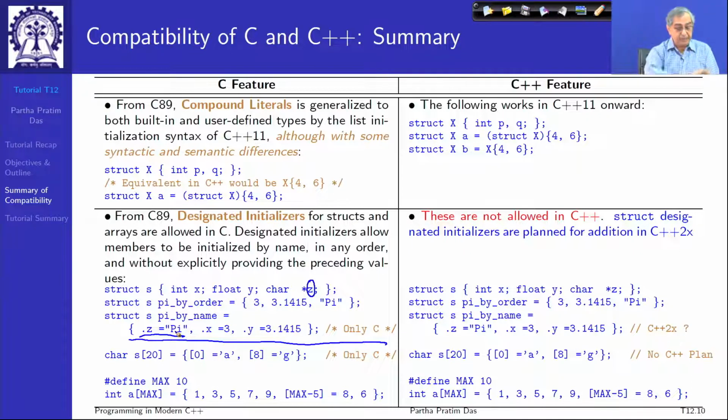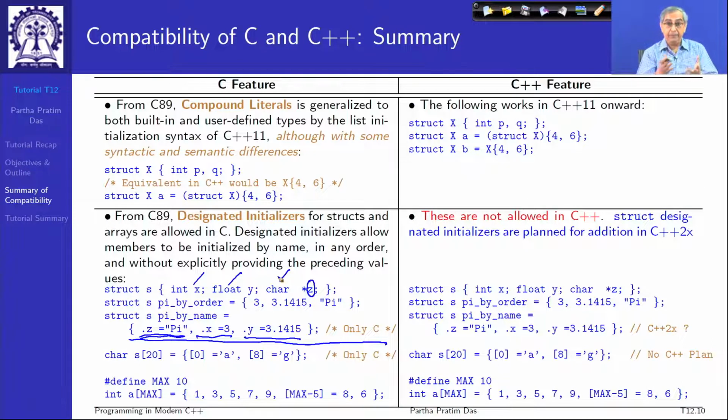Normally we would write a dot z or a dot y, but that is not there. So, you just write dot z initialized with this value, dot x initialized with this value, dot y initialized with this value. This is allowed in C and they do not need to be in the same order as the order of the members.